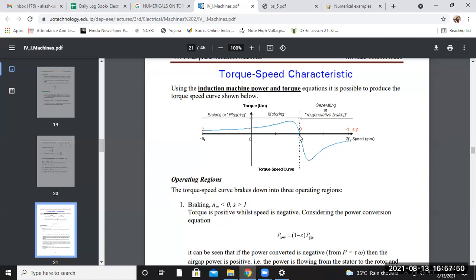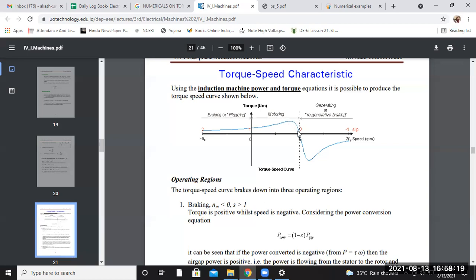Following that, if we draw a graph, it will look somewhat like this. At this point on the y-axis, we can say this is the starting torque. The starting torque for an induction motor is quite high.